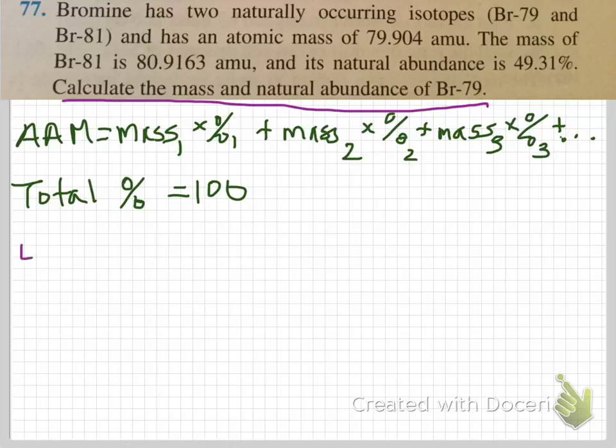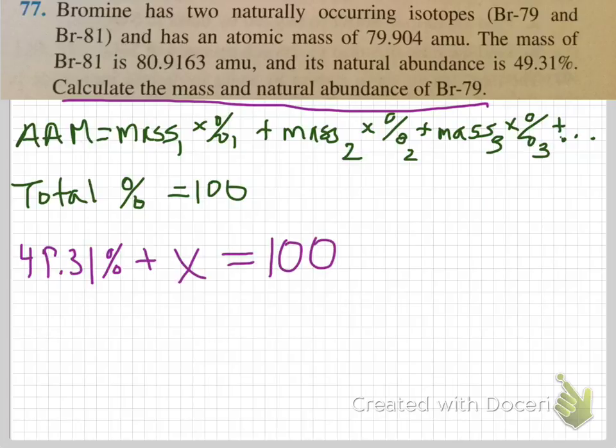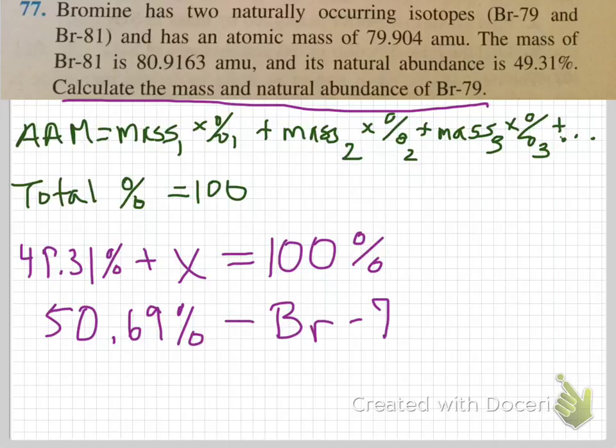So if 49.31% is bromine 81, then bromine 79 is going to be the rest of that. So 50.69% is going to be our bromine 79.